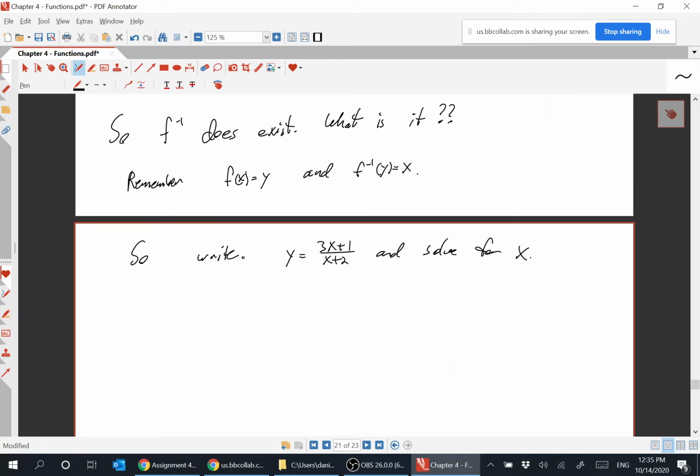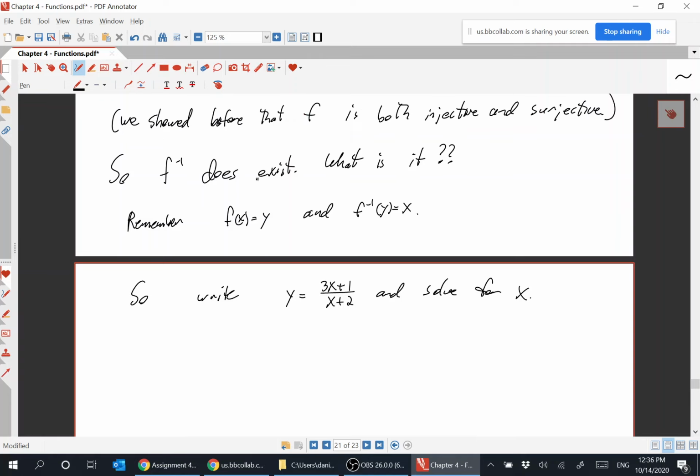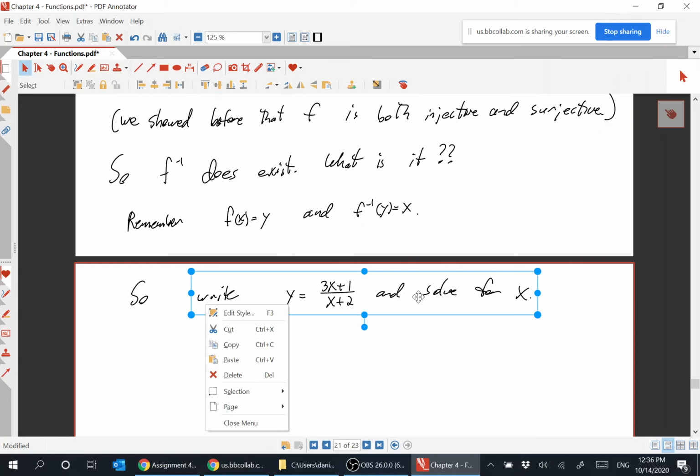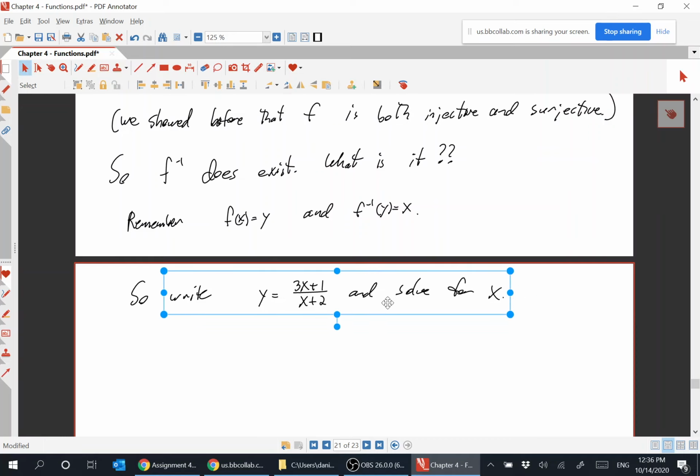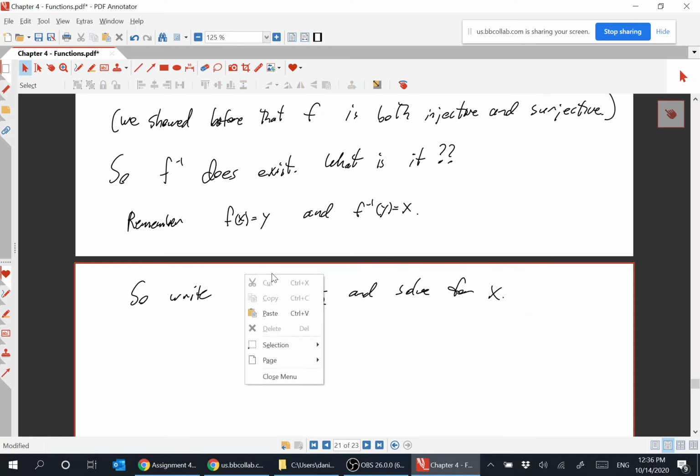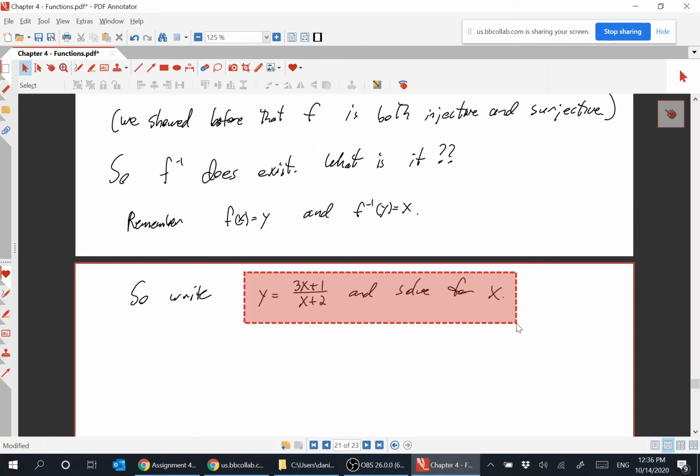Does anybody know what the answer turns out to be? Does anyone know the punchline ahead of time? Someone must know. Come on. Did anyone take complex variables yet? 3320.